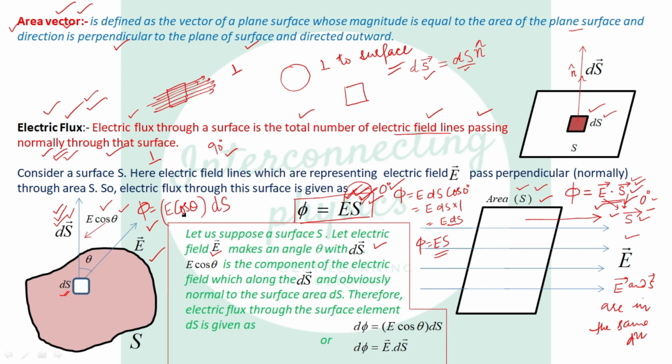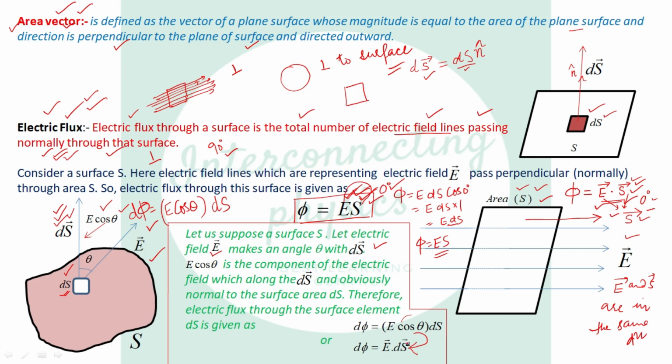Now we can write a small electric flux, because we have taken a small area element. So we write it as d phi. Now cos theta here we can write in vector notation as E vector dot ds vector.